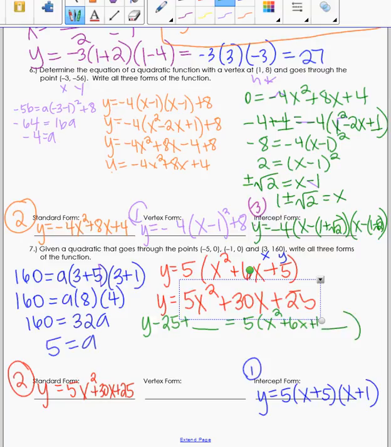Okay. 6 divided by 2 is 3. 3 squared is 9. We didn't add 9. We added 9 times 5, which is 45. So you end up with y plus 20 equals 5.